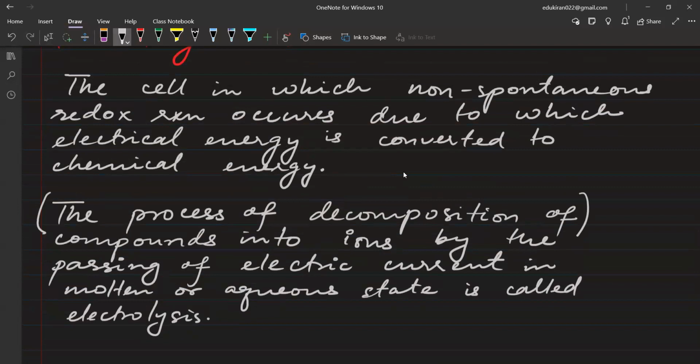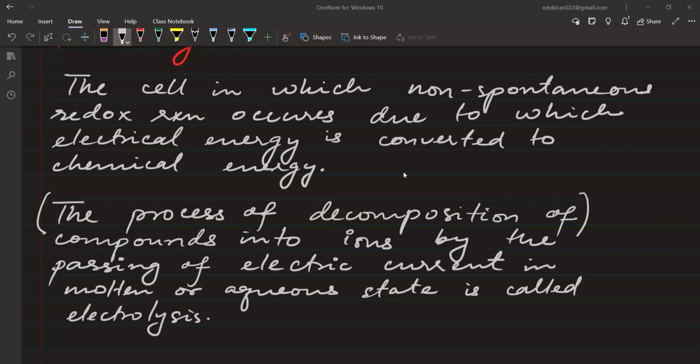So you'll write the process of decomposition of compounds into ions by the passing of electric current in molten or aqueous state is called electrolysis. So you will raise your head up to look at the screen after each line. It's not only that you are going to learn chemistry here. आपको यहाँ पे बहुत सारी चीजें सीखनी है ना.